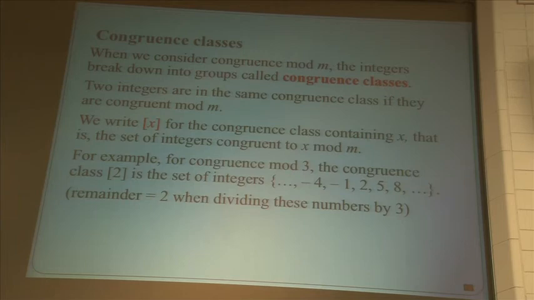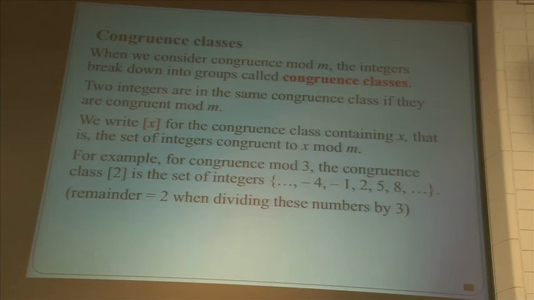Since you have this group of numbers that are all congruent, we have something called a congruence class. It's a group of numbers that, in whatever base you're talking about, are all congruent.